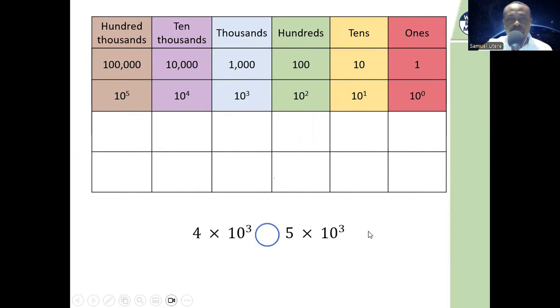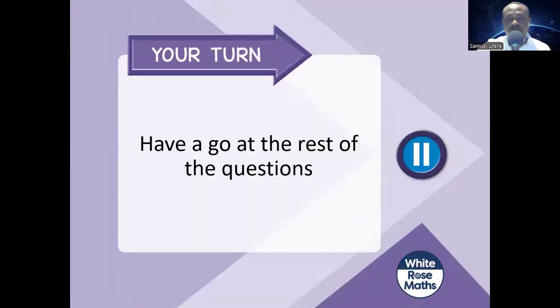But what if they have the same powers? Again, placing counters in the correct place value columns can help us find out which is actually greater. And that means 5 times 10 to the power of 3 is greater than 4 times 10 to the power of 3. Okay.